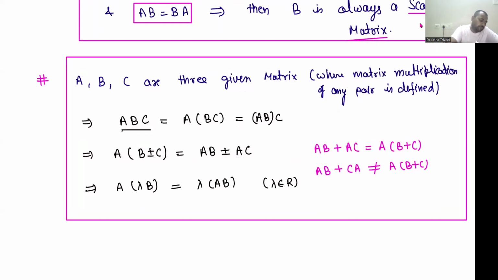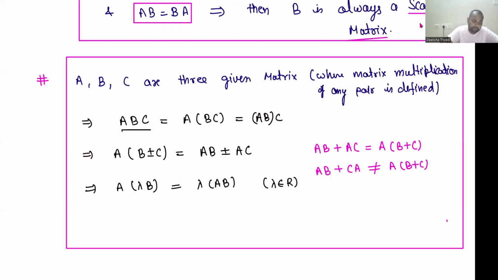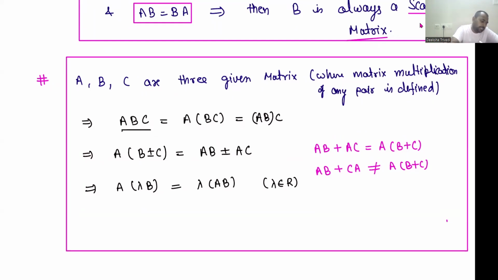Here, one more result we can include in this. That result is saying this. If AB equal to AC, then we can say B equal to C if A is not a null matrix.